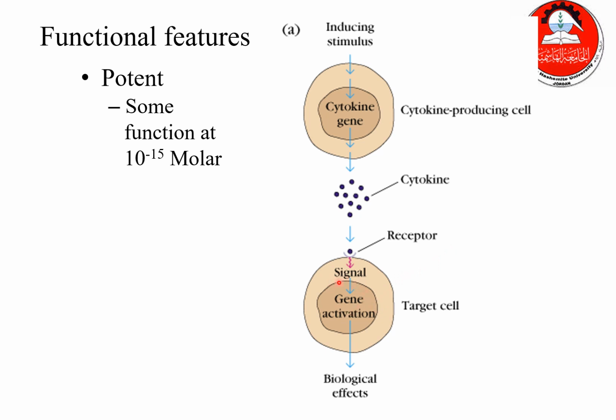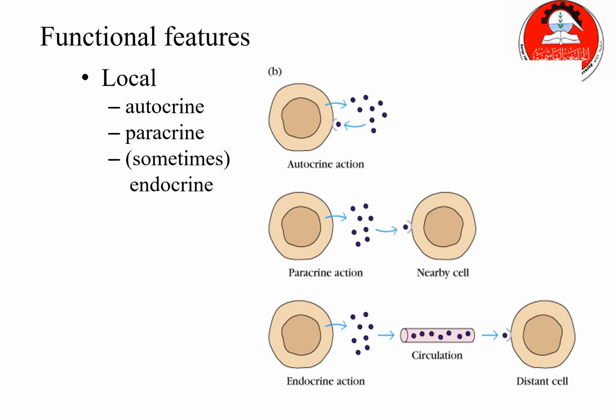It's going to lead to gene activation of the target cell, and it's going to lead to biological effects, which the end result of it is protection against the invading pathogen. So the local effects, autocrine released by this cell, and then it comes and binds to receptor of the same cell to protect this same cell and activate genes within this cell to protect the cell from invading pathogens.